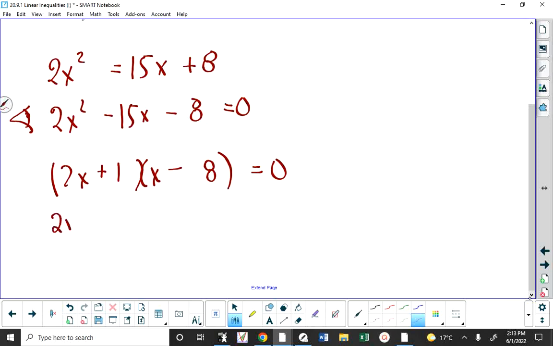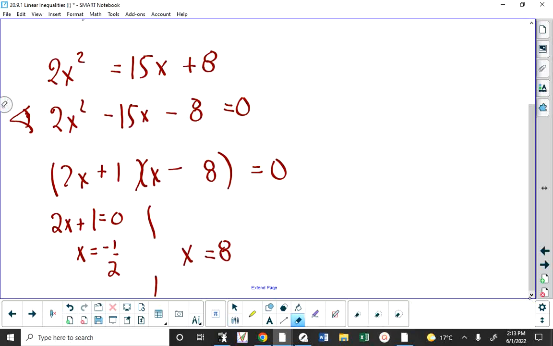That means 2x plus 1 is equal to 0, or x equals negative 1/2. And over here, I would expect there's nobody in the room that has to write x minus 8 equals 0, but if you do, then solve it. We still have to find the y values, right?